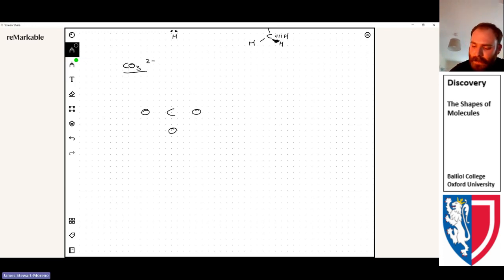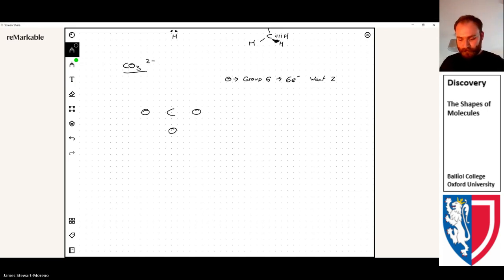Each oxygen is in group 6. So it will have 6 electrons, and it will want 2. Okay. What's the 2- for? So the 2- means that it is negatively charged. I will come on to that very quickly.